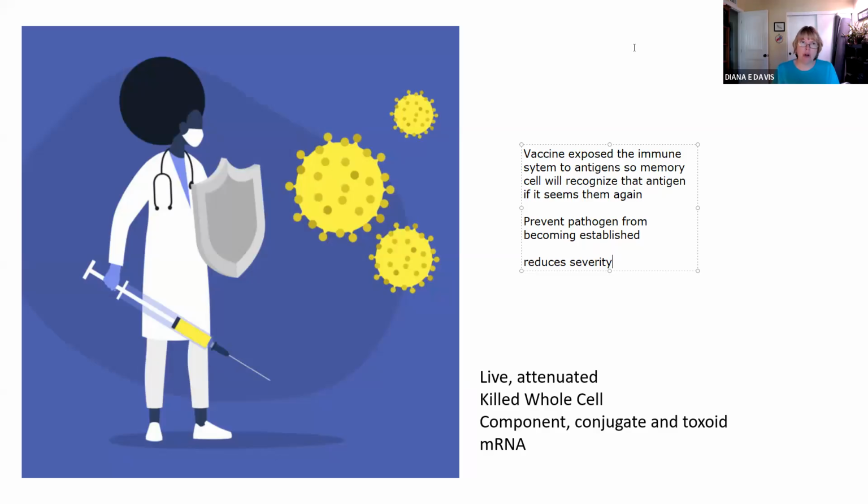There's no cell, there's no virus. It's just part of the pathogen that's injected. And so with this one, we can think of tetanus. The tetanus vaccine, we put a little bit of the toxin from tetanus, just a smidge of it, so that the immune system will recognize it, but not enough that it actually is functional as a toxin.